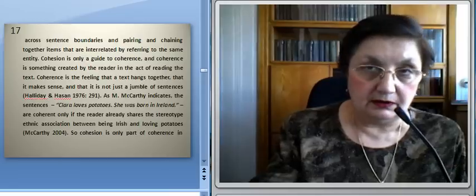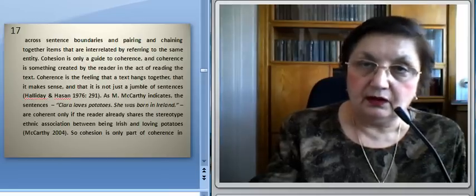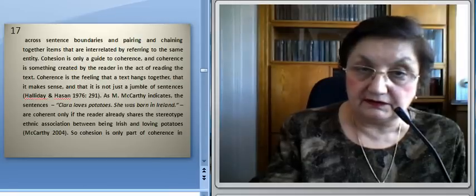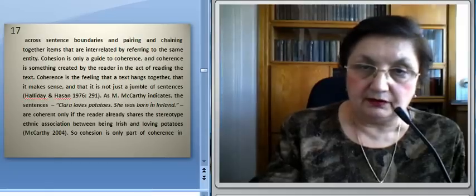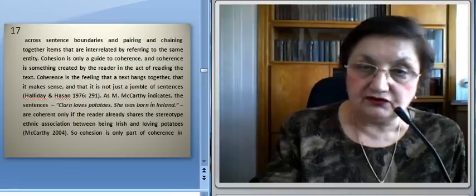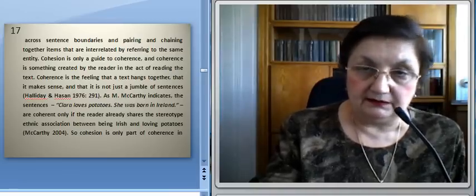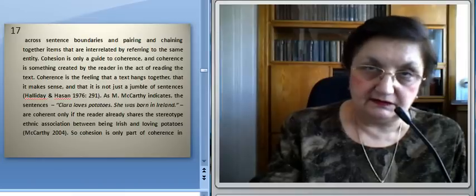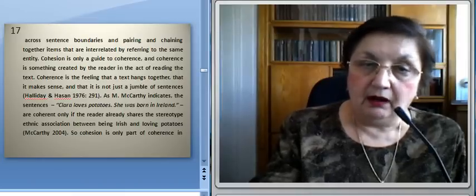Coherence is the feeling that a text hangs together, that it makes sense, and that it's not just a jumble of sentences. As Michael McCarthy indicates, the sentences "Clara loves potatoes, she was born in Ireland" are coherent only if the reader already shares the stereotype ethnic association between being Irish and loving potatoes.